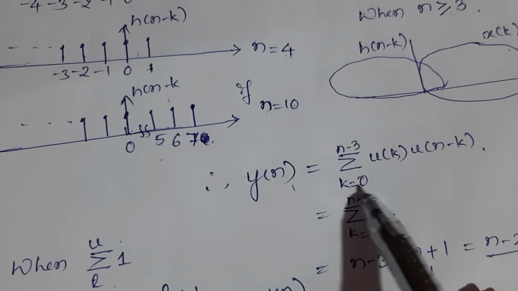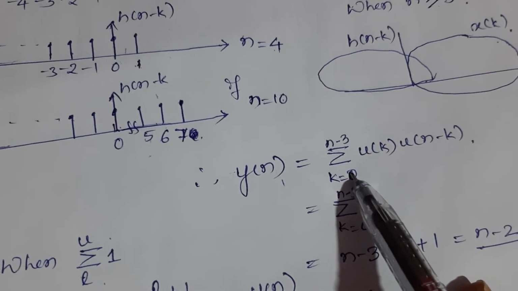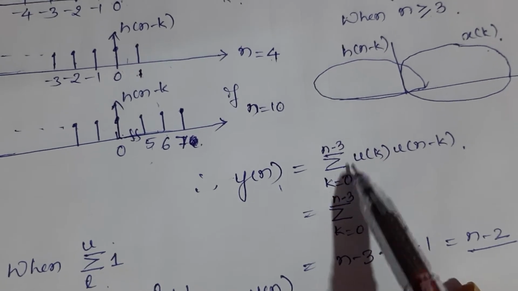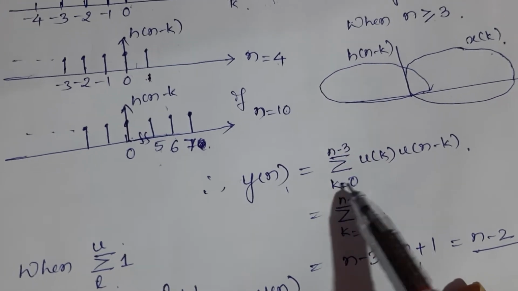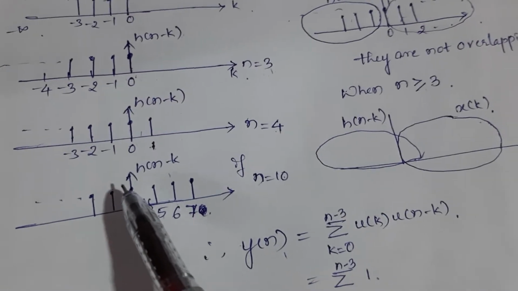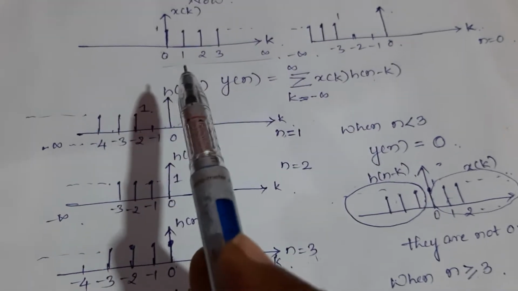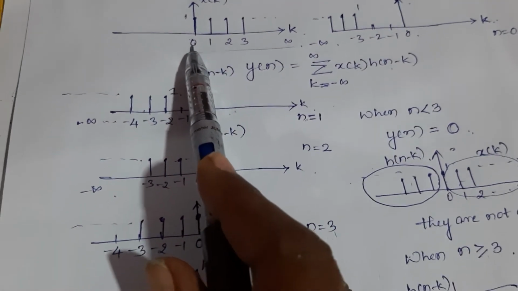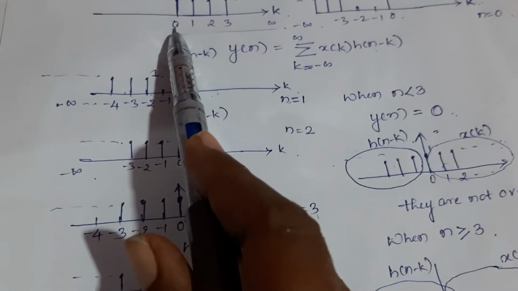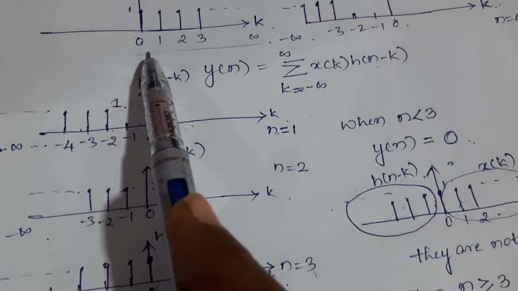Now the lower limit indicates from where the convolution starts. Even though we write k equal to minus infinity, for this problem the overlapping starts from where our x of k starts, at 0. Before 0, even though h of n minus k is present, x of k is absent.